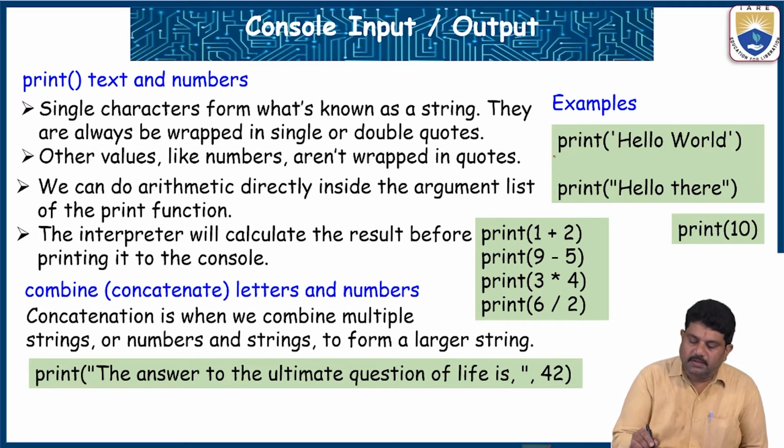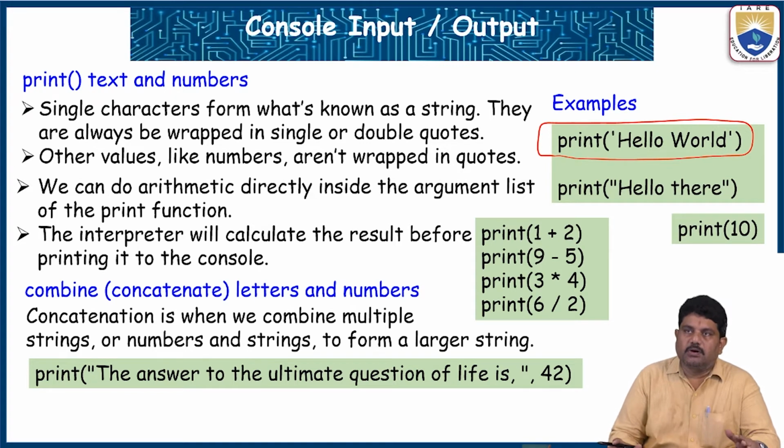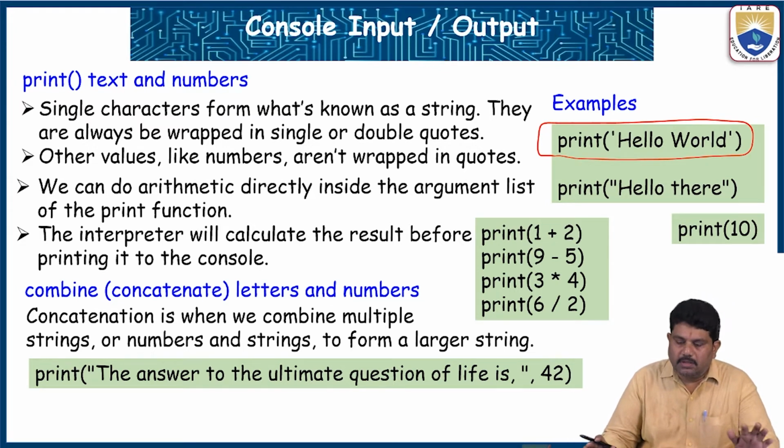If you want to print a string or a sentence using print, you have to enclose that string or sentence in either single quotes, double quotes, or triple quotes. So we can use anything.